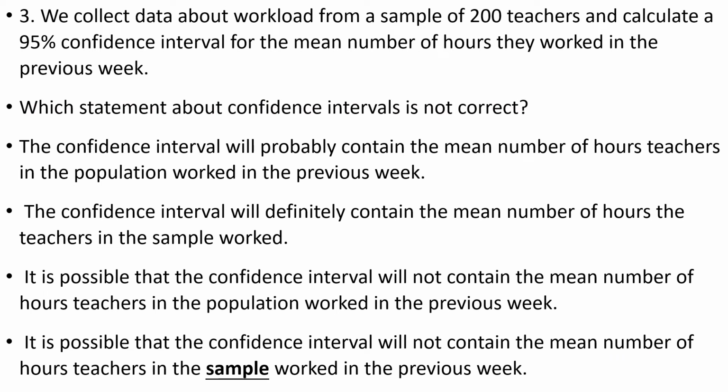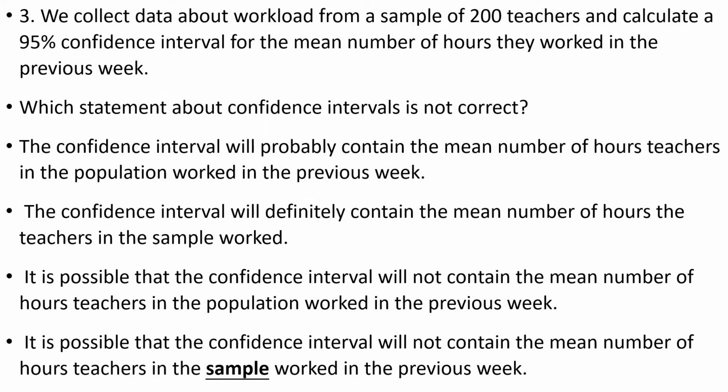We collect data about workload from a sample of 200 teachers and calculate a 95% confidence interval for the mean number of hours that they worked in the previous week. Which statement about confidence intervals is not correct? The confidence interval will probably contain the mean number of hours teachers in the population worked in the previous week.